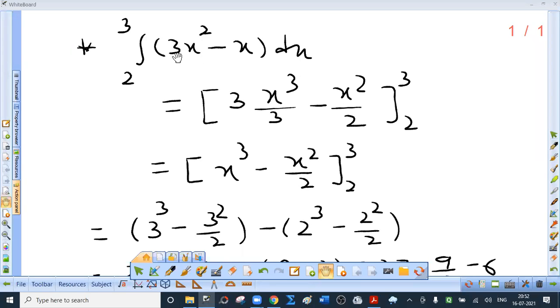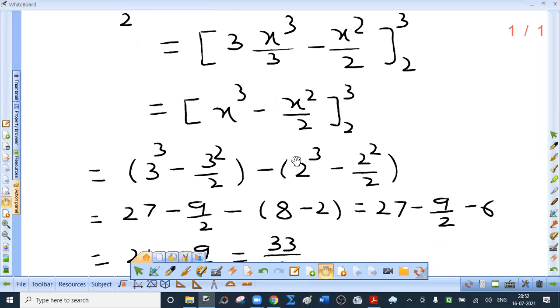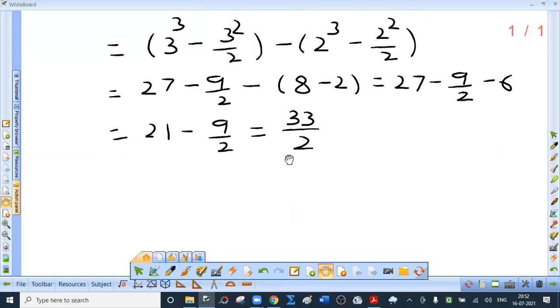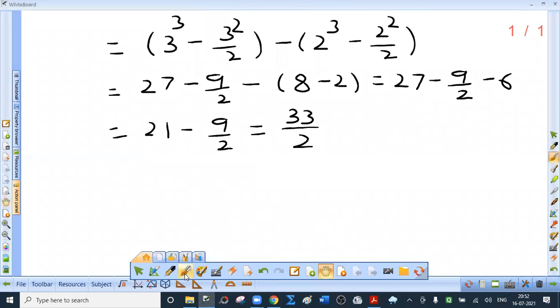So first we find the integral: 3 into, what is the integral of x squared? x cubed by 3. Integral of x is x squared by 2. 3 gets cancelled. Now apply the fundamental principle. First use the upper limit. So it is 3 cubed minus 3 squared by 2, minus, use brackets, put the lower limit, so 2 cubed minus 2 squared by 2. Simplify to get 33 upon 2 as the final answer.